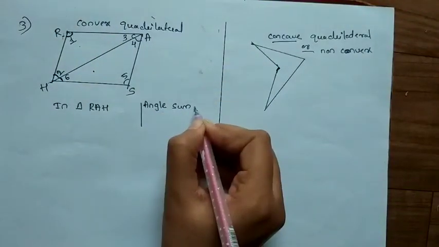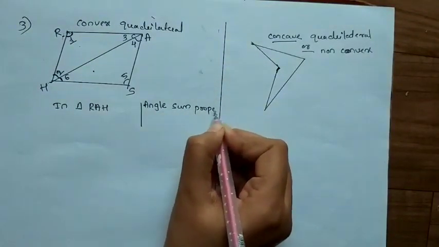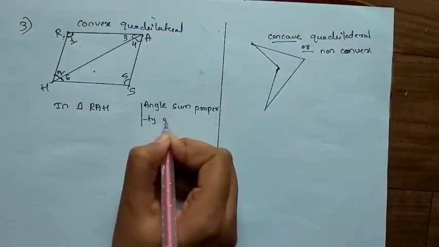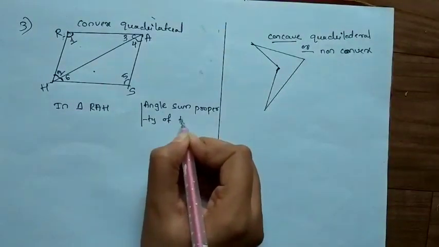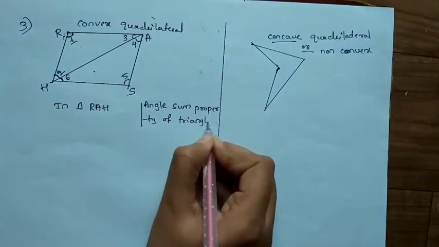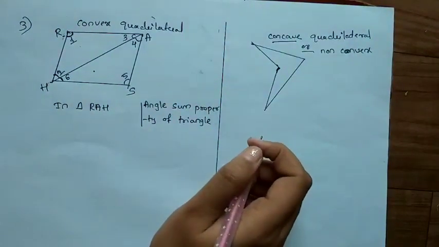Which condition am I applying here? Angle sum property of triangle.